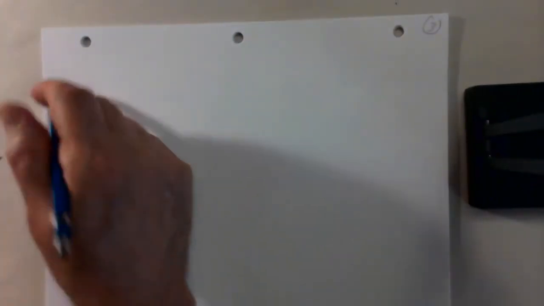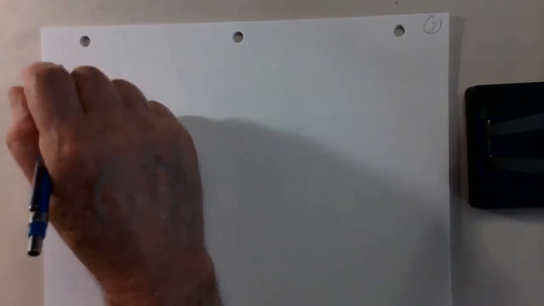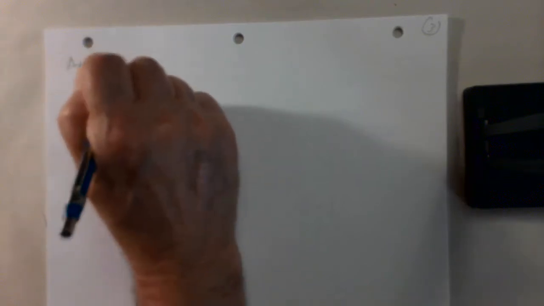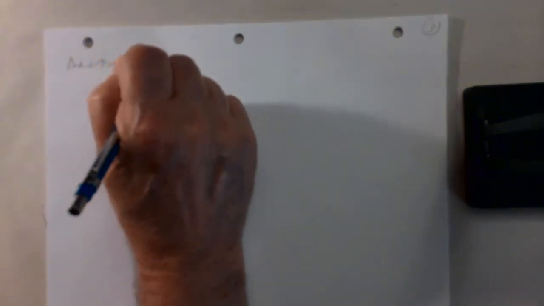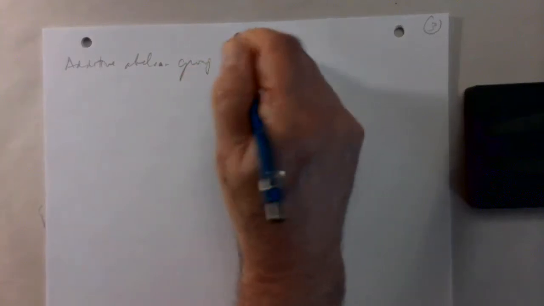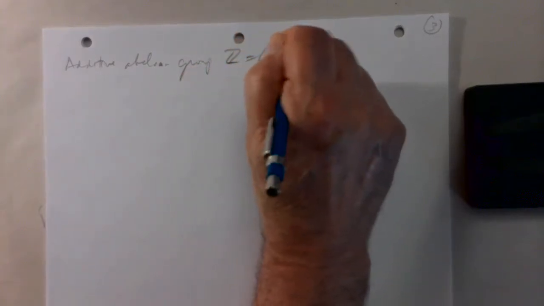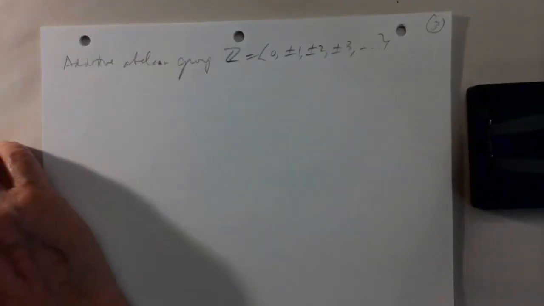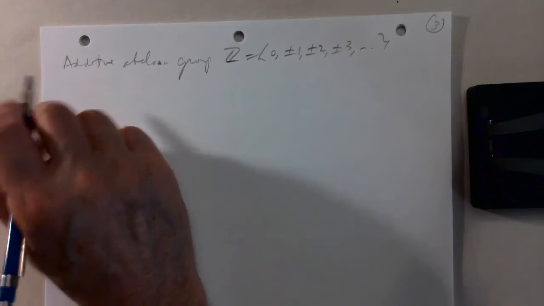A simple example, but the most important example of an additive abelian group is the set Z of integers under addition. And you can check it has all the right properties.